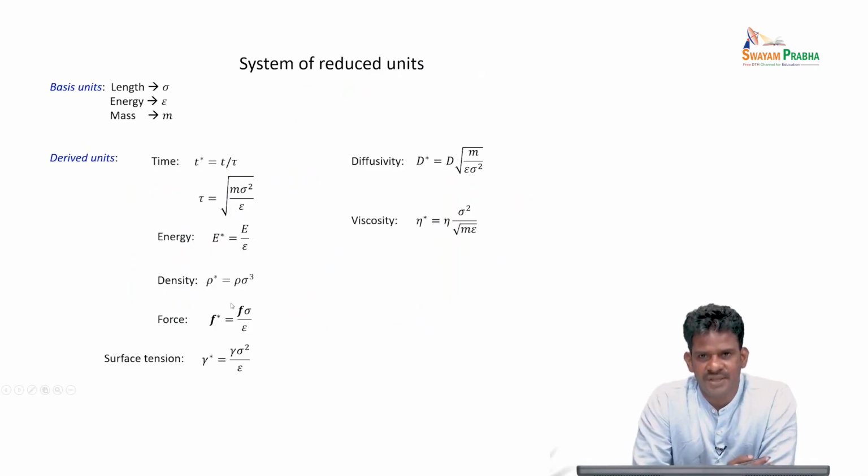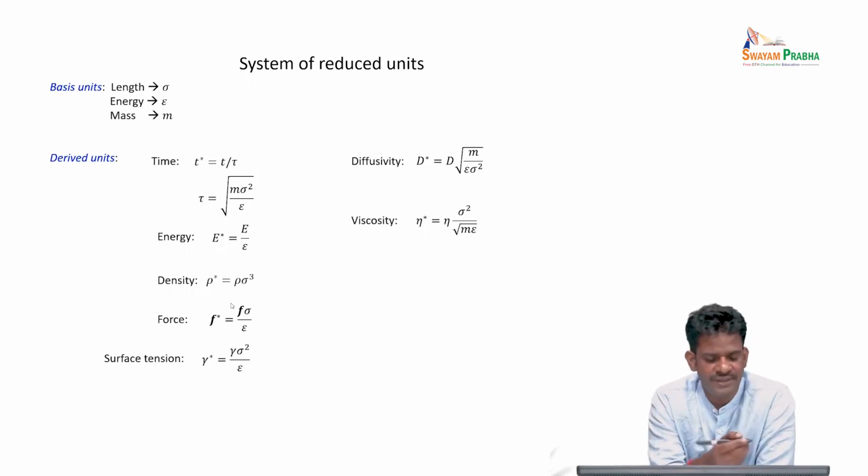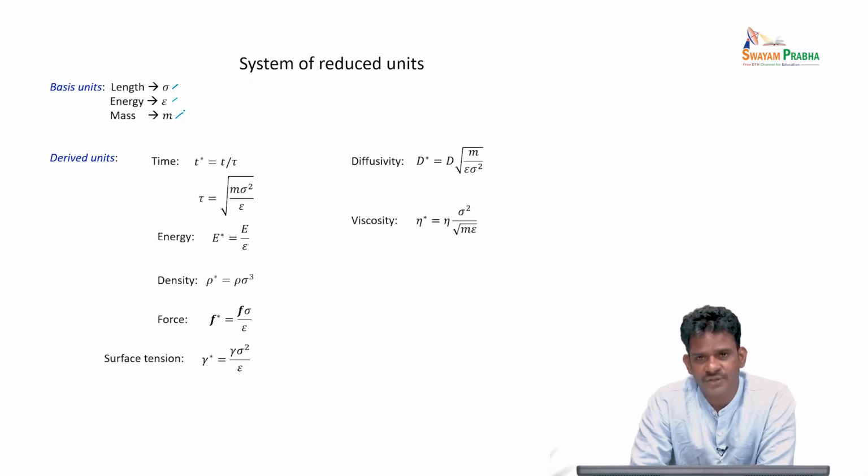If you extend this approach further, it appears that we can always choose a system of basis units for length, energy and mass as fundamental units, and then express all the other quantities in a set of derived units.